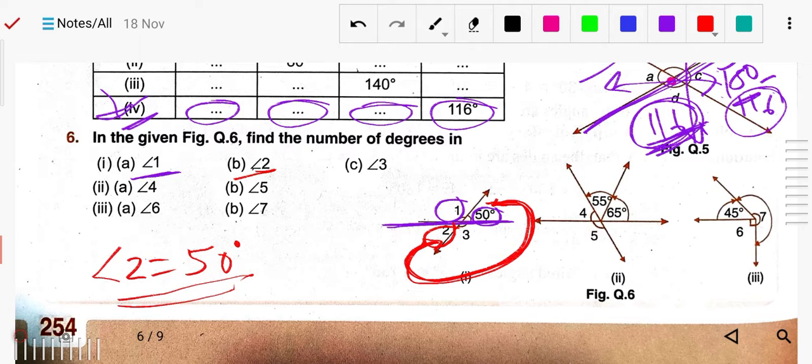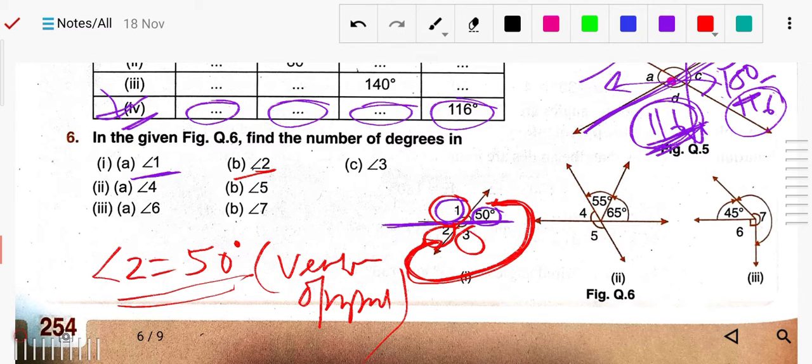Why? Because they are vertically opposite angles. Now angle 1 and angle 3 will be equal because they are vertical opposite, and angle 1 we just found is 130 degrees. So this angle will also be 130 degrees.